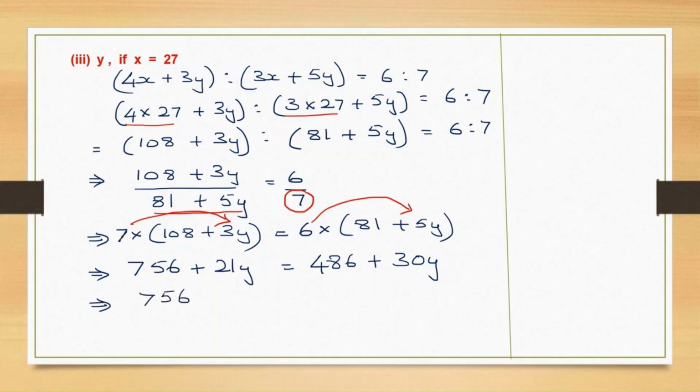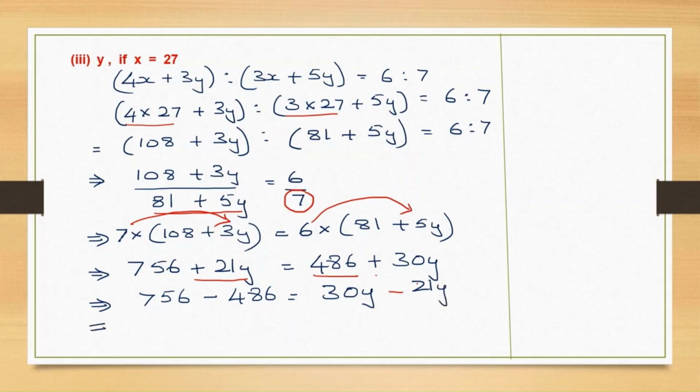I'm going to transpose plus 486 to the left hand side. Plus becomes minus, so it is minus 486. On the right hand side I have 30y, I'll leave it as it is. Now I'm going to transpose plus 21y to the right side, it becomes minus 21y. So let me write that, minus 21y.